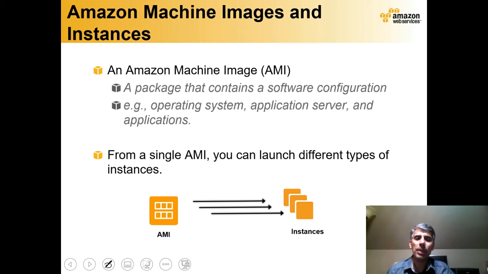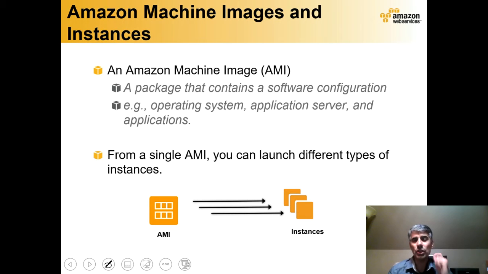So another dependent service to Amazon EC2 is called AMI, Amazon Machine Images. These are the VM images. These are the bulky files that include the operating system and the packages you want within one huge file.